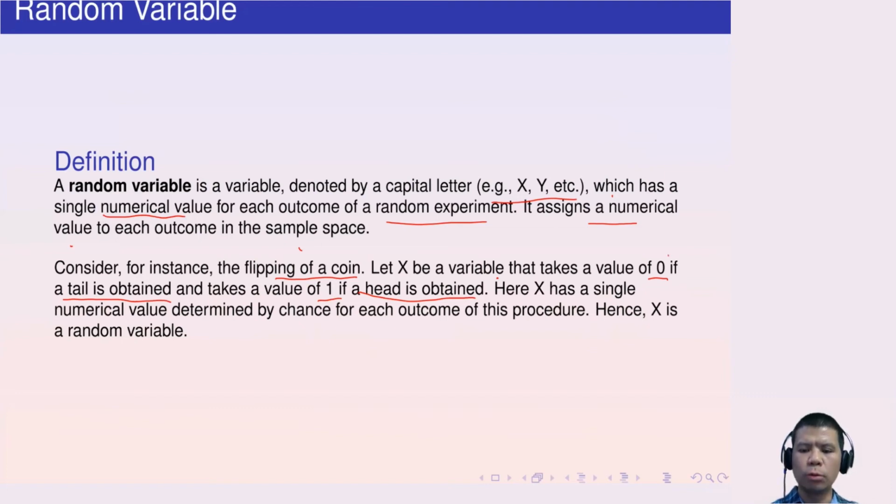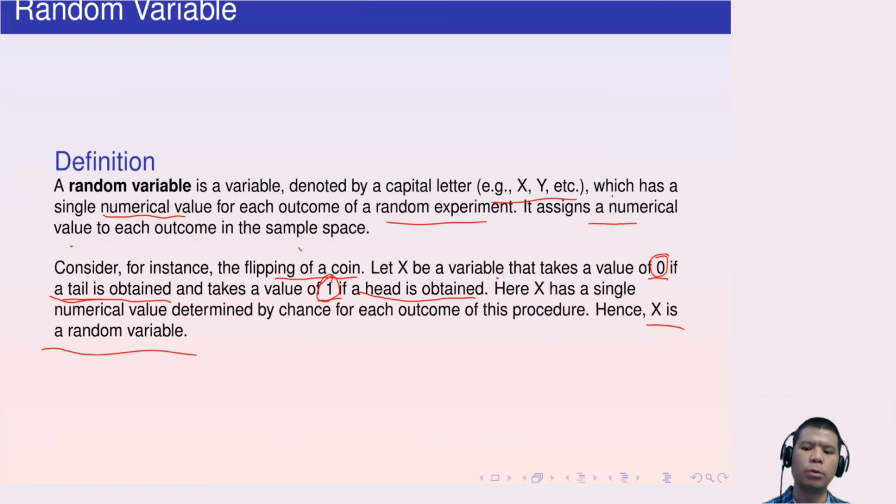It assigns 0 to the outcome tail and 1 to the outcome head. So by definition, X is a random variable.